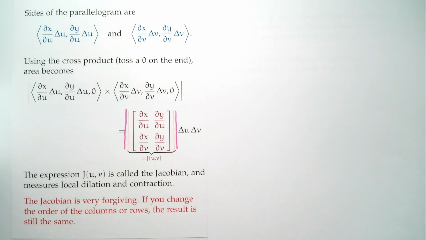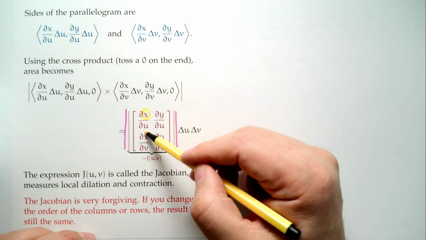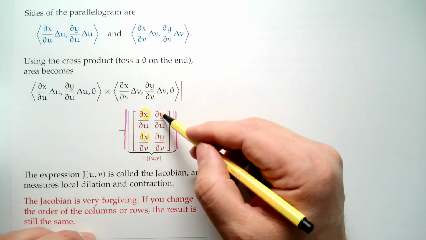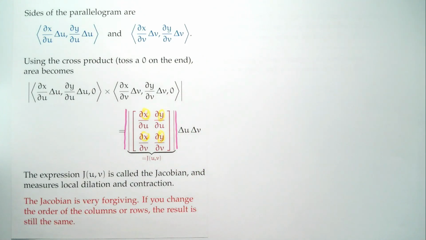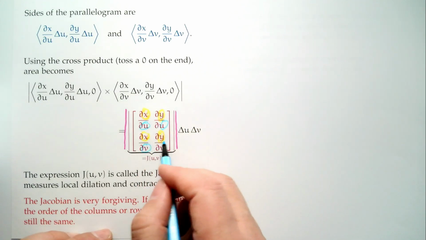And one of the things you might notice, and it's kind of convenient if you can spot certain patterns, notice as we go down, we have the same variable in the numerator. So x, x. Then in the next column, y, y. Where if we go across, we're going to have the same in the denominator. So u, u, v, v.